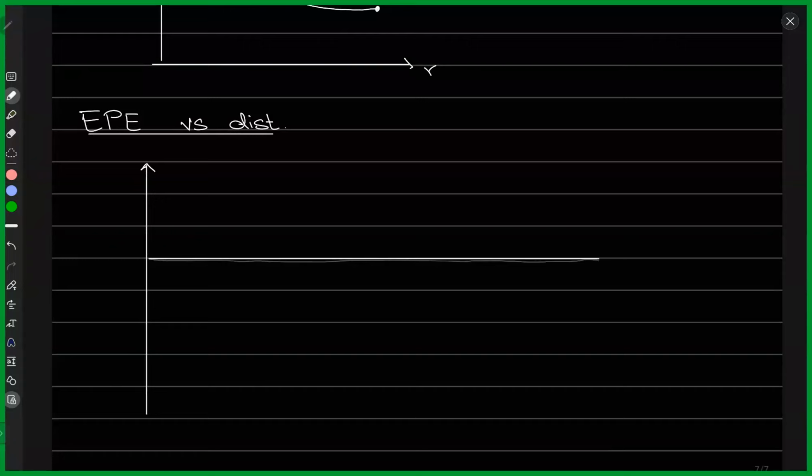On the vertical axis, I have the electrical potential energy.